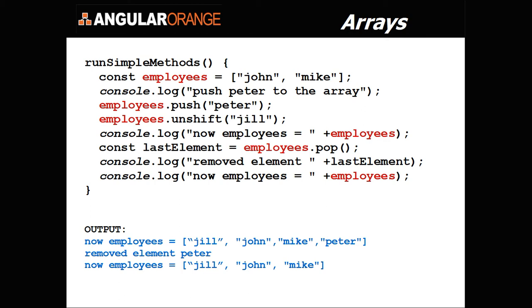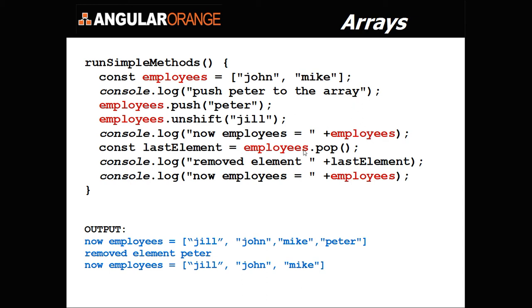And then I do an unshift, and I add Jill to the beginning of the array. So basically, when I go to log the array, I could have JSON.stringify here if I had some space, but what you'd see is Jill, John, Mike, and Peter. So I added Jill to the beginning, I added Peter to the end.